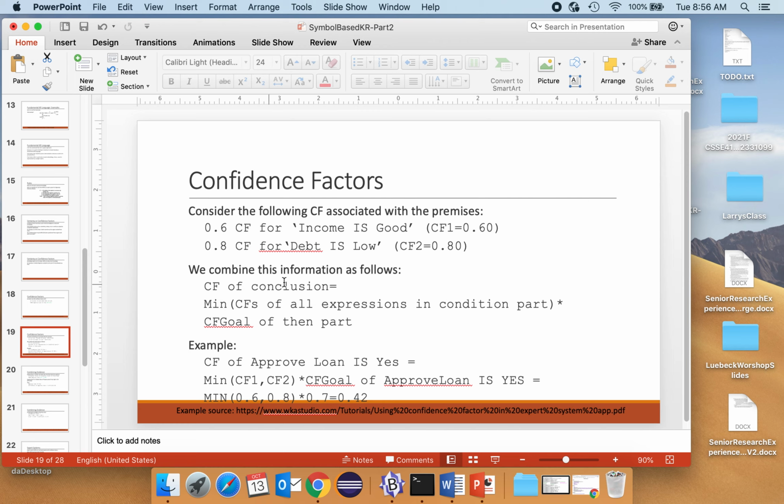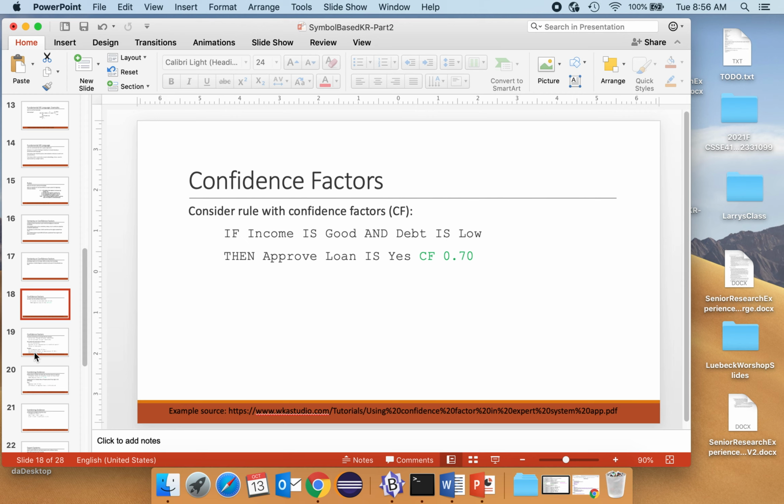The confidence factor of the conclusion is the minimum of the confidence factors of all expressions in the condition part, multiplied by the confidence factor of the goal. In our example, the minimum is 0.6. The confidence of the rule was 0.7.